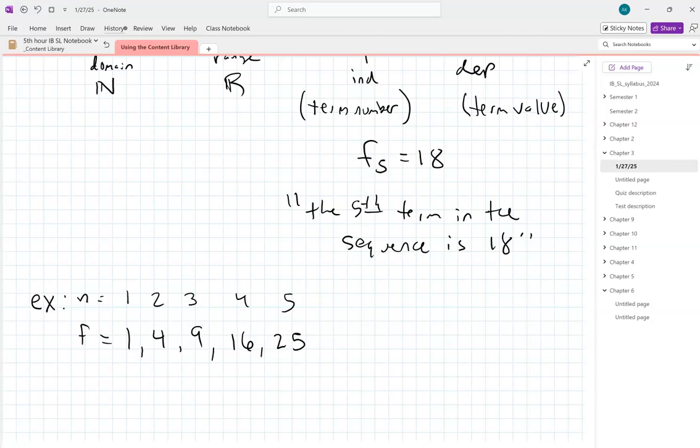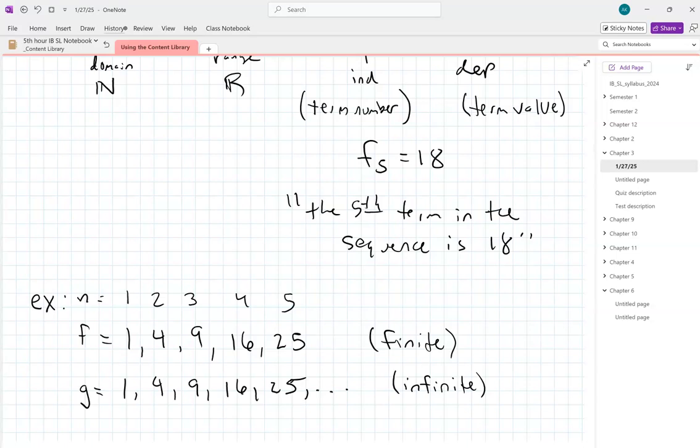Does everybody feel okay there? So this is an example of a finite sequence because there are just 5 terms to it. There's not infinitely many. Now, we could write a similar sequence, and if I put the dot, dot, dot at the end, how many terms are there to this sequence? Infinitely many. So that's an infinite sequence. So sequences can be finite or infinite. Doesn't really matter. Feel okay?